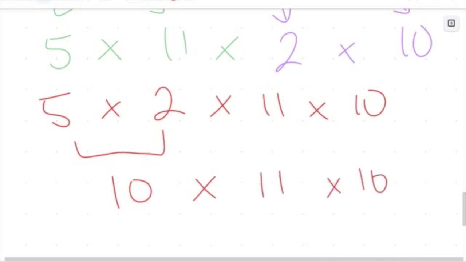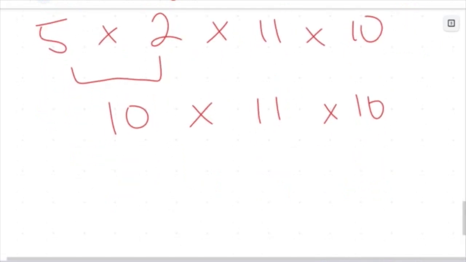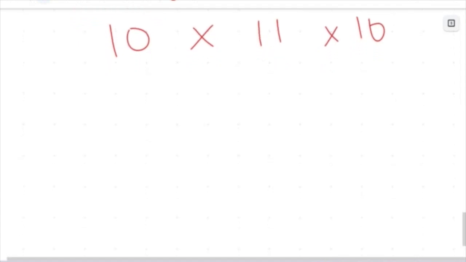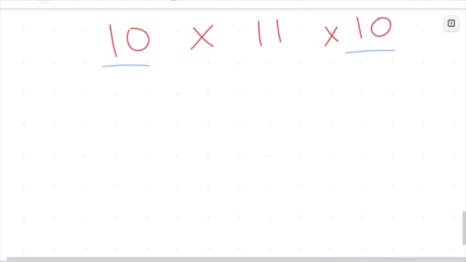So now I can multiply these all together. Now I know these are big numbers still, but we can go through multiplying them in any order we want. So I'm going to group my 10 and my other 10 and times those first.